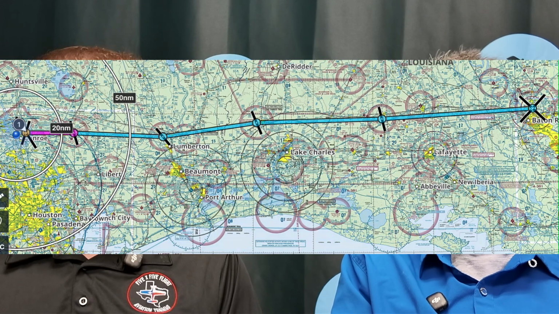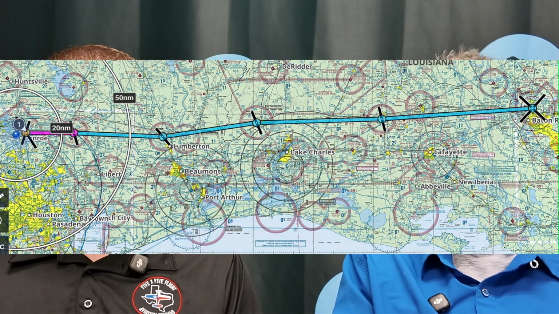I'll plan A to B, and then I'll look at the route, and then I will simply, on ForeFlight, this is me, move my route over airports or VORs, specifically over those points. And that is my route of flight.